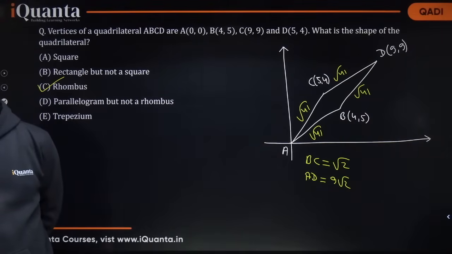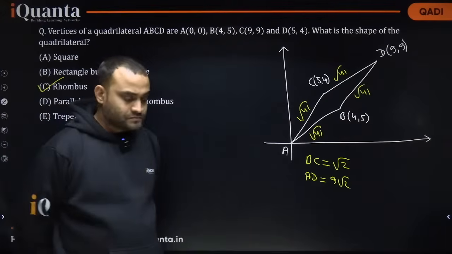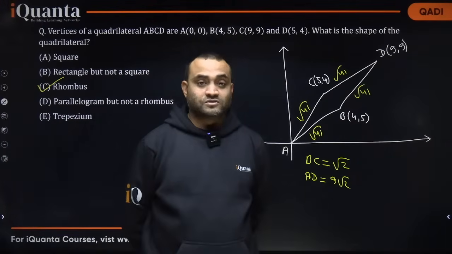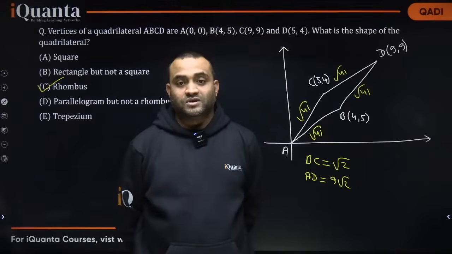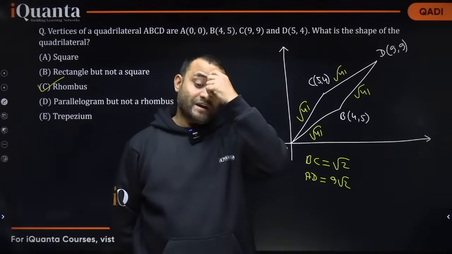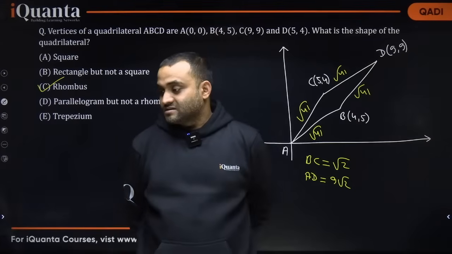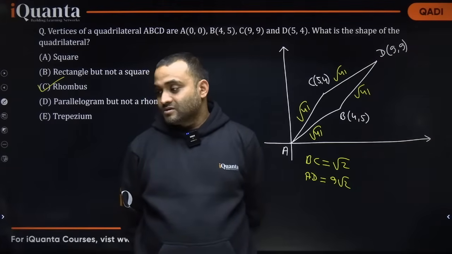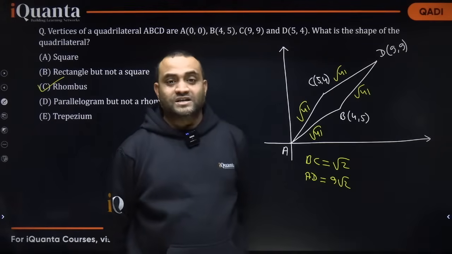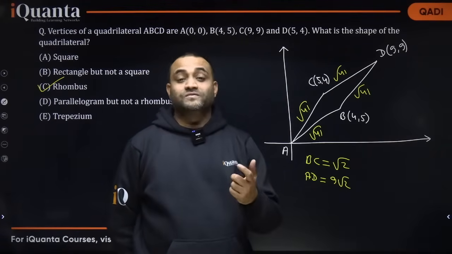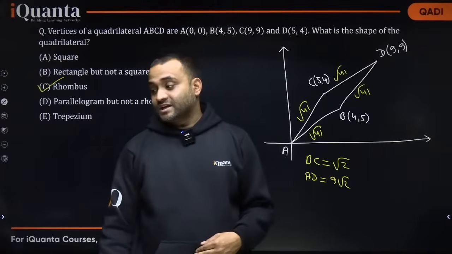In the case of a square also, the diagonals are perpendicular to each other, so their product will be -1 as well, right? And here as well. So that is not what differentiates this from a square. The length of the diagonal is what differentiates it, right?